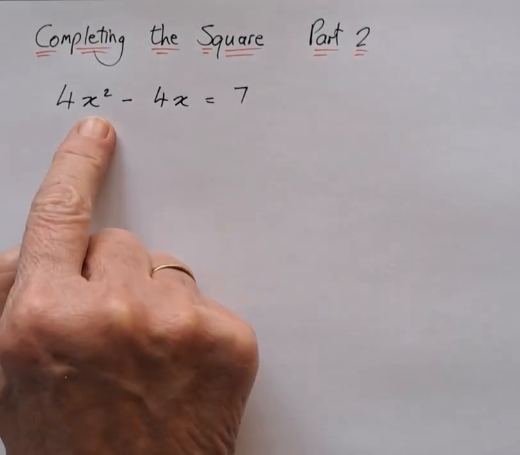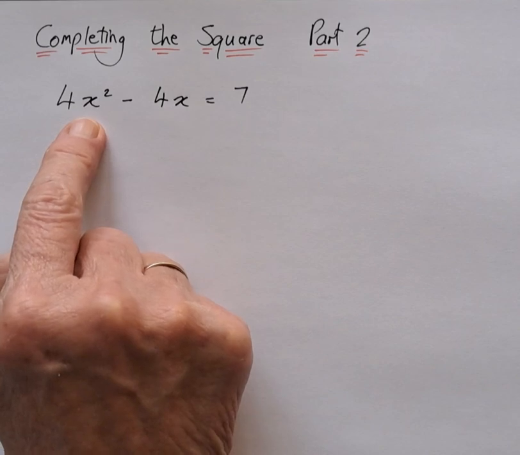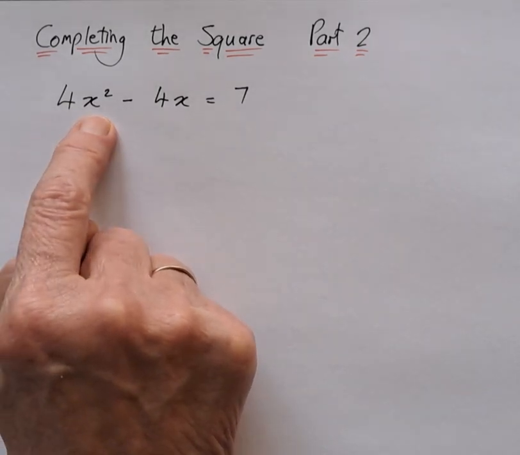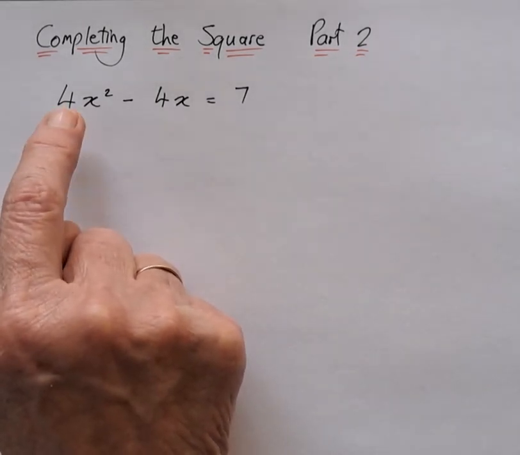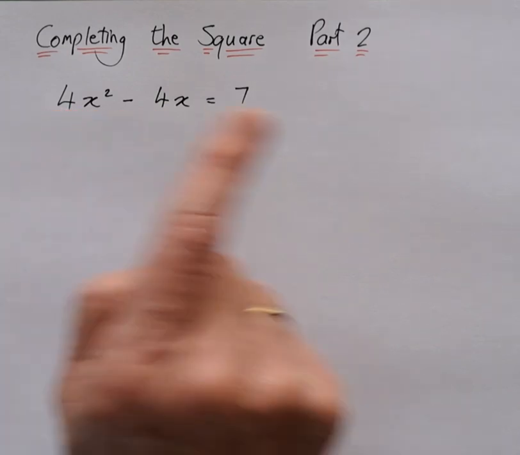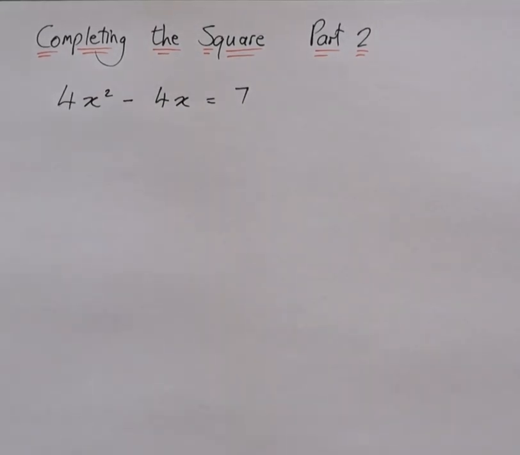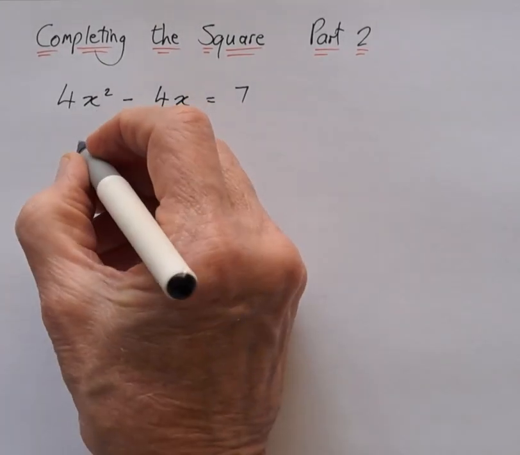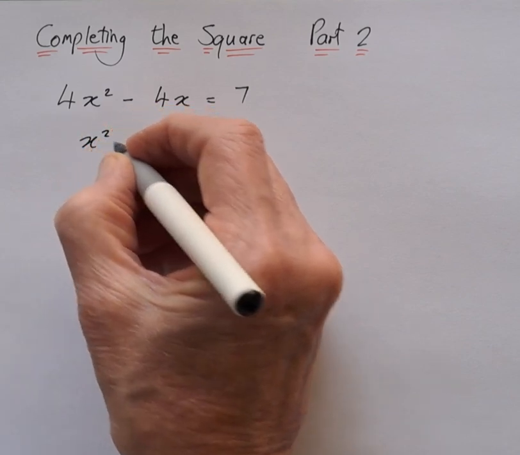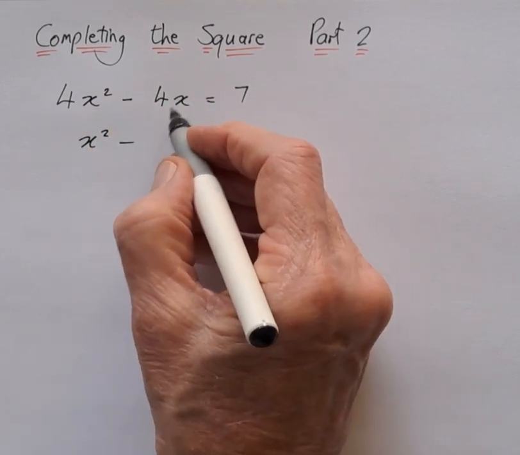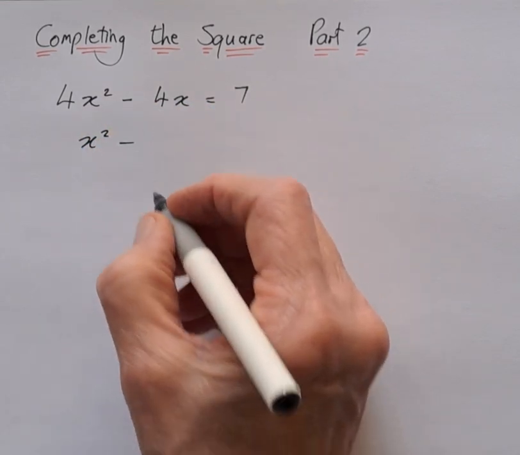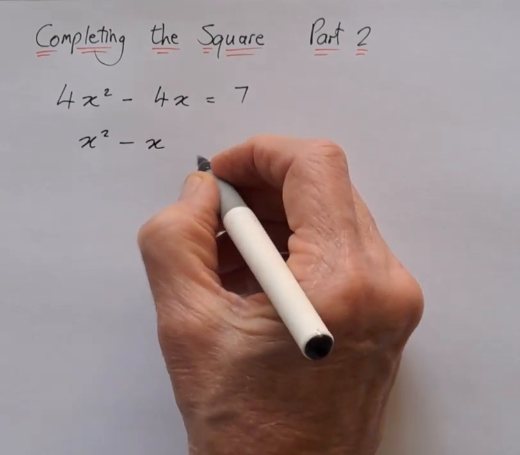So I don't want 4x squared, I just want x squared, which means I'd have to divide this term by 4. And if I divide any term by 4, I need to do that all the way through the equation. So 4x squared divided by 4 is going to leave me with x squared. 4x divided by 4, those 4's are again going to cancel, and I'll be left with x.